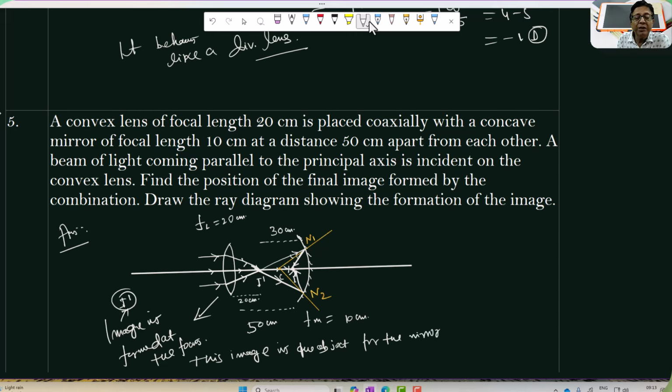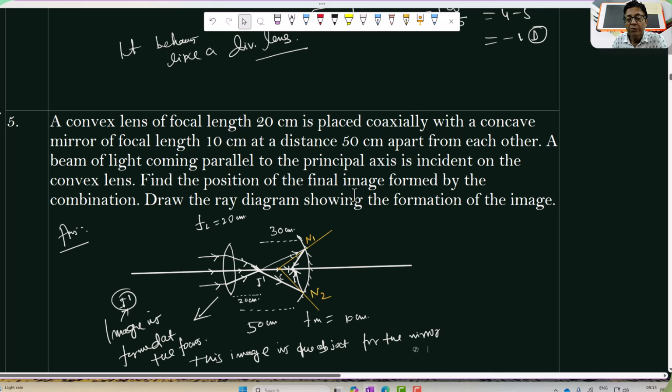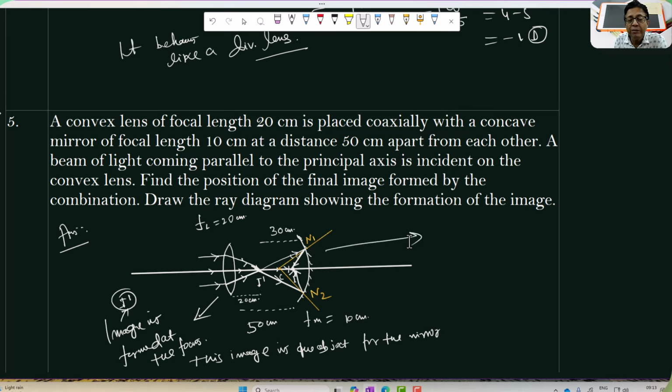So, for the mirror, u is going to be what? For this mirror, u is minus 30 because this part is 20, this will be minus 30. For the mirror, f is negative, that is minus 10. So 1 by v plus 1 by u equals 1 by f, which is 1 by minus 10.